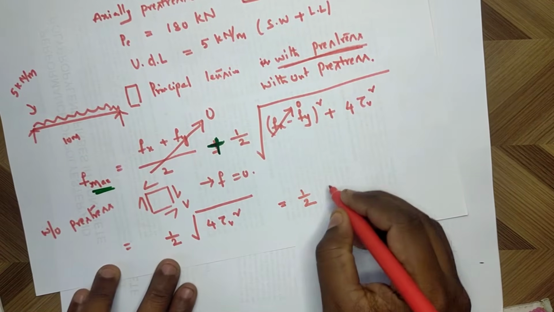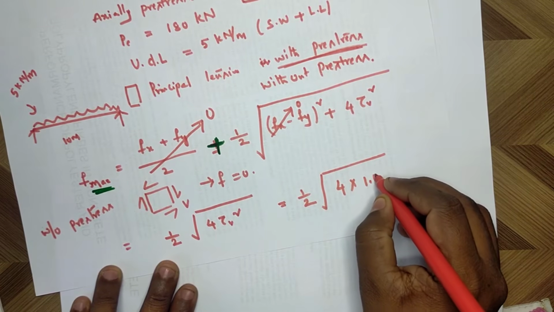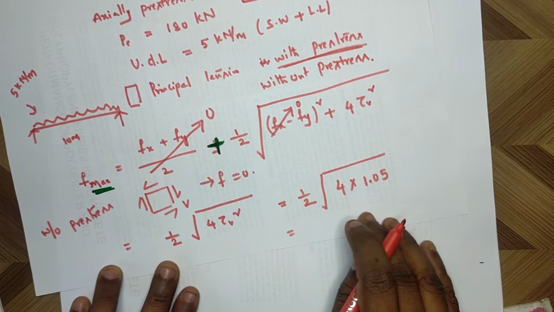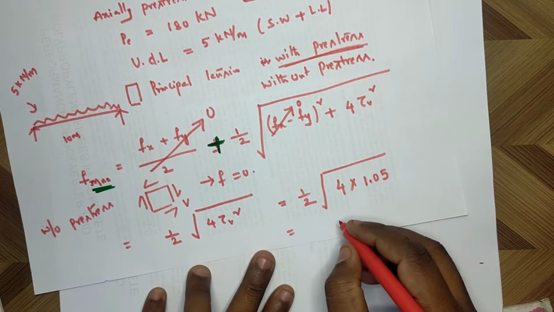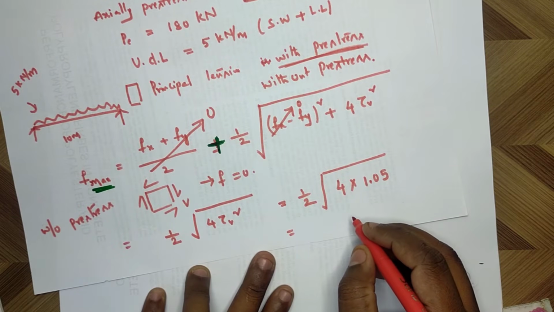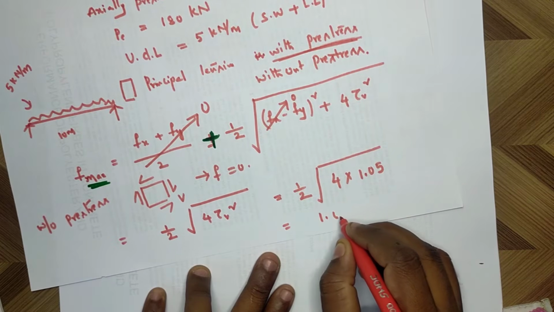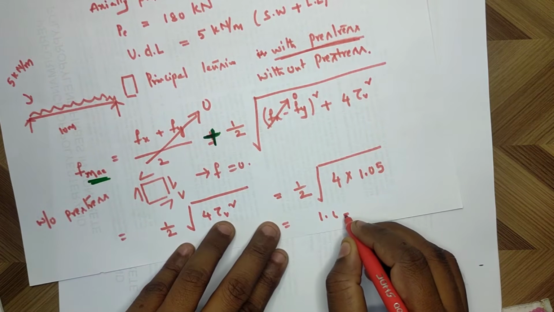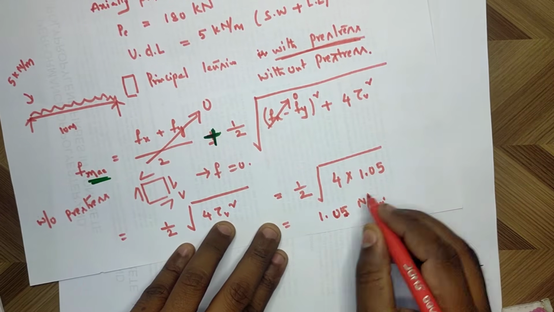Now we will substitute this tau v here. 1 by 2 root of 4 into 1.05 square. Now the answer is 1.05 Newton per mm square.